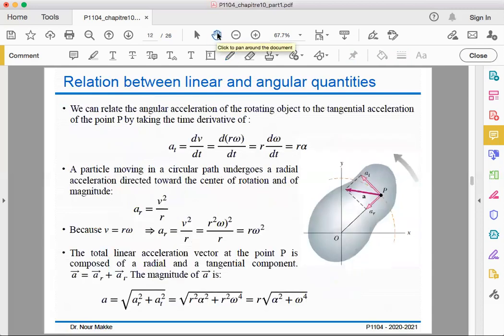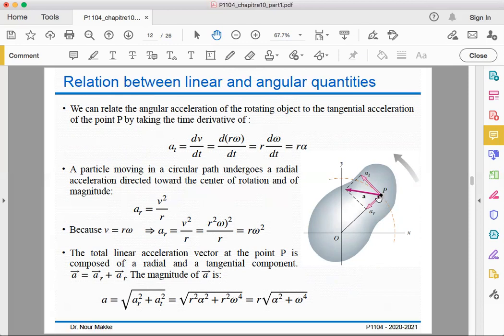Let's now continue and try to find the relation between the linear and the angular acceleration. Since we have a particle P moving along a circle, we have seen in a previous chapter that the acceleration vector of this particle is composed of two components.